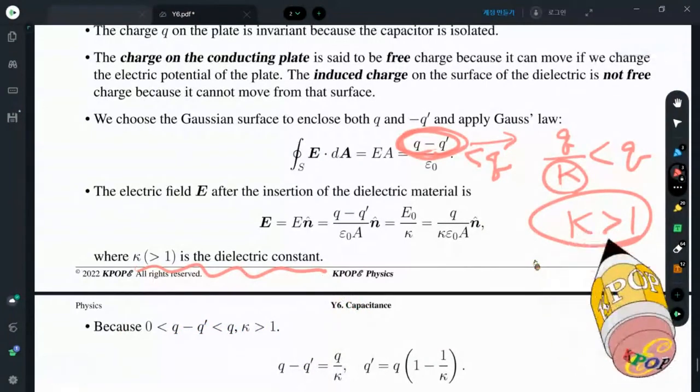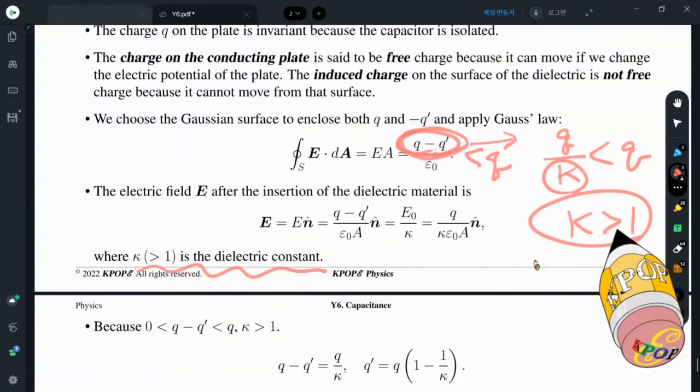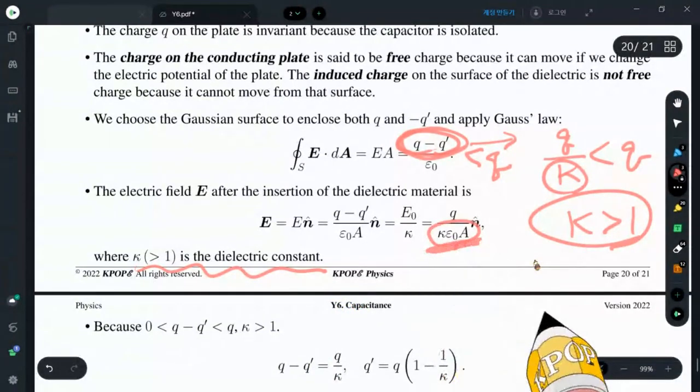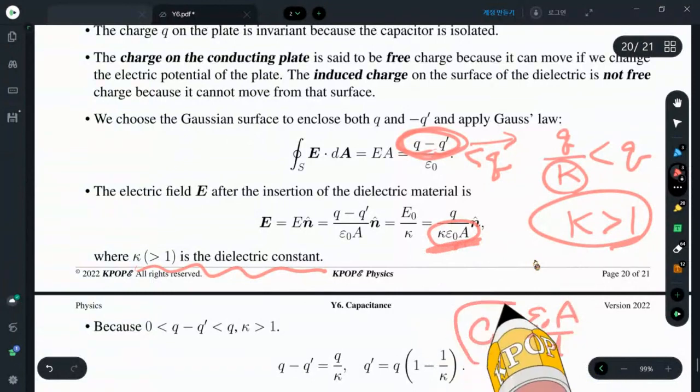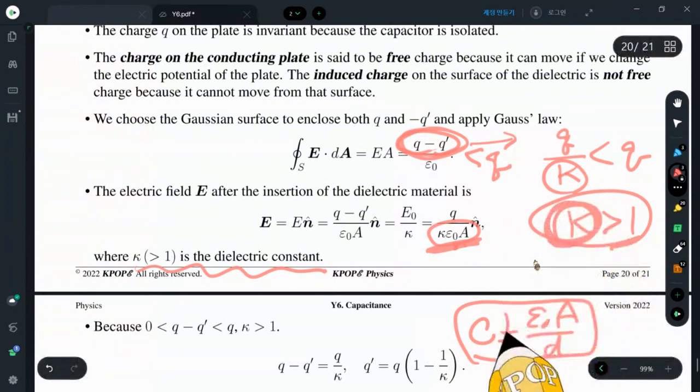What happens when we have kappa greater than 1? You know this one very well. Epsilon 0 A over d is the capacitance of a parallel plate capacitor. What you have to do is multiply by kappa, that is greater than 1.